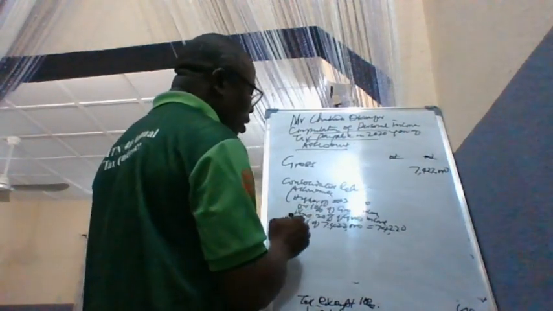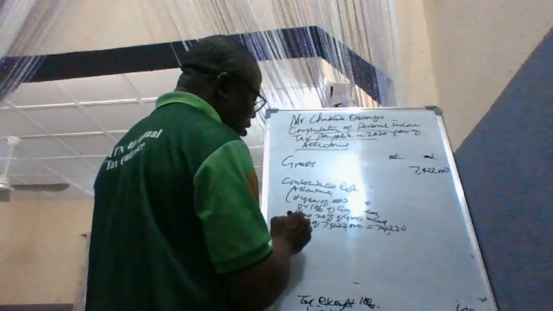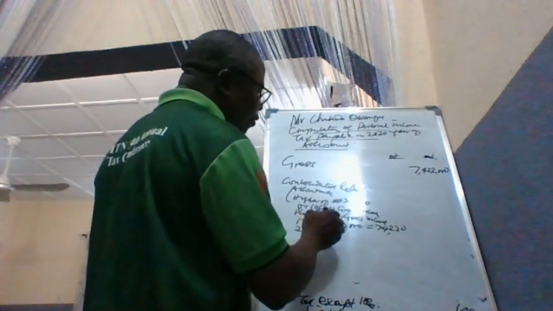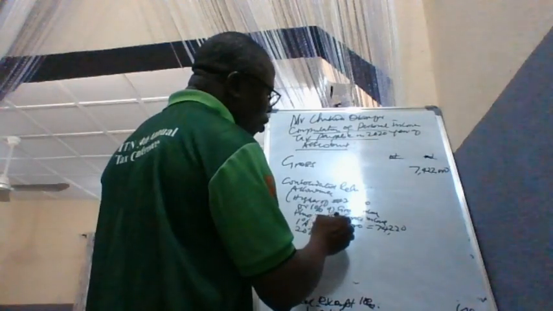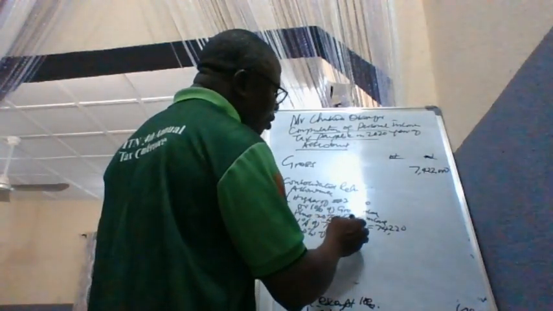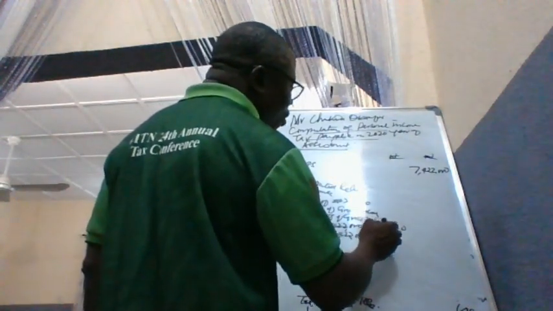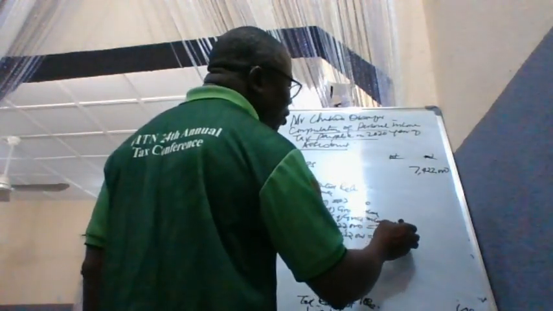Now let's equally calculate what is 20% of 7,422, which will be equal to 1,484.